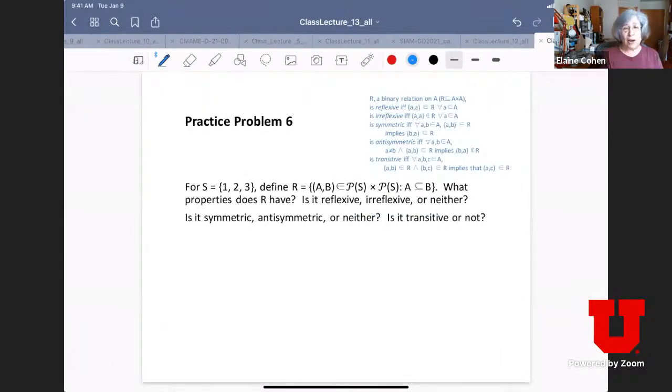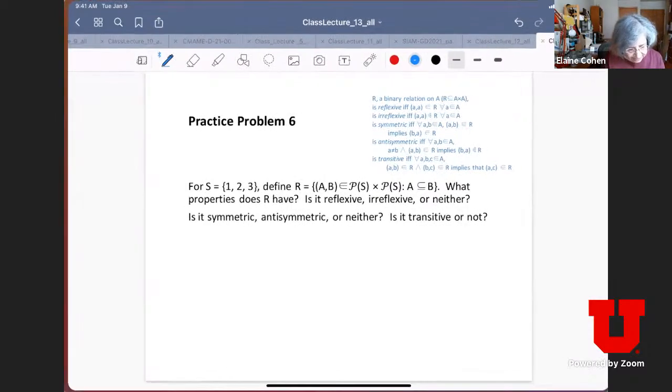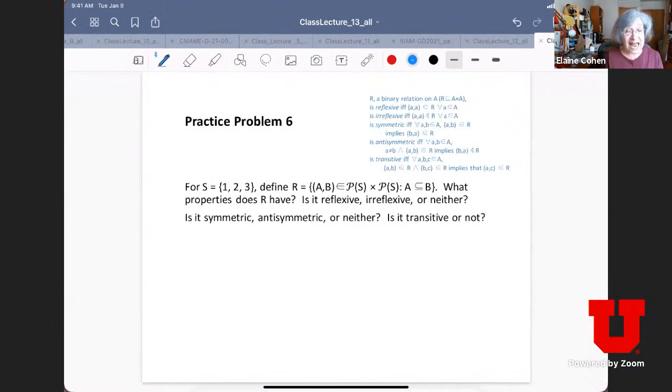Let's try this new problem. For S equal to the set 1, 2, 3, let's define a relation on the power set of S. So that means we're looking at the set of all pairs of subsets of S. So A and B are each a subset of S, so they're each in the power set.